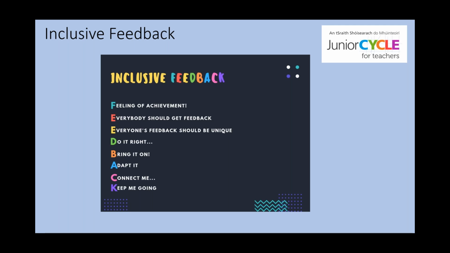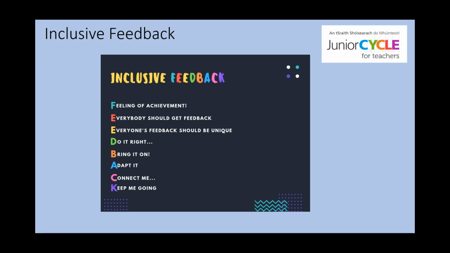It should be unique, so it really should focus in on where the student is at and where they need to go to. It should be done right, which is quite an easy thing to throw out there, but it should really reinforce where a student is at, scaffold their learning, and drive on their learning. In that doing it right piece, there's also something that ties back to success criteria.